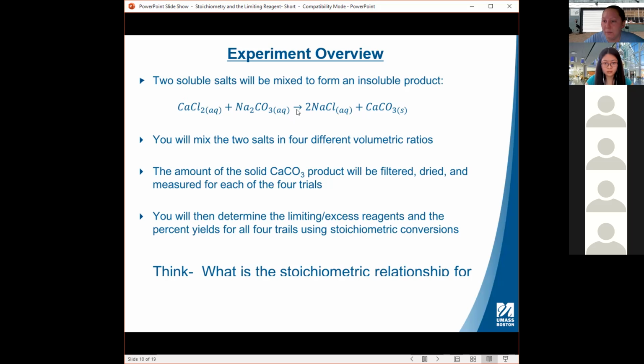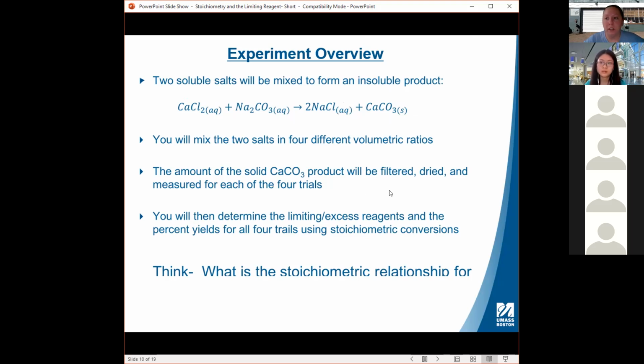NaCl is going to remain in solution. That's why it says aqueous. So we're not going to have sodium chloride, really. We are going to be having sodium ions and chloride ions in solution. But the white precipitate that you see will be calcium carbonate solid.